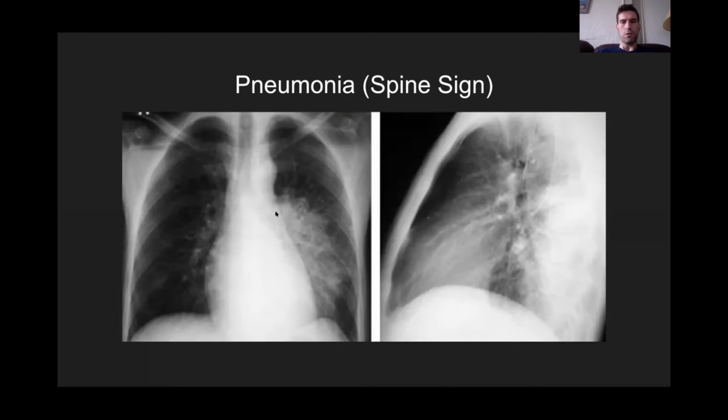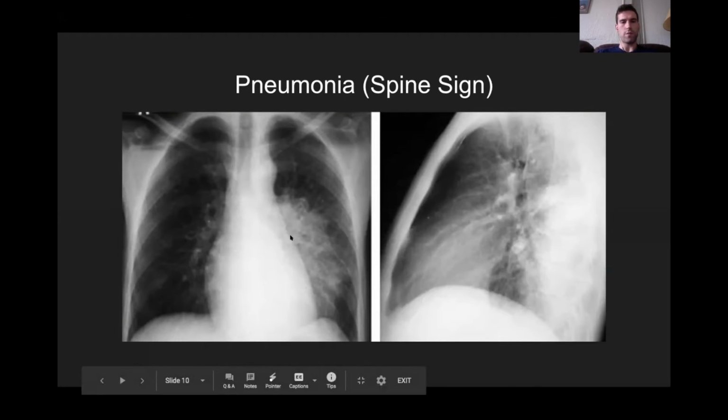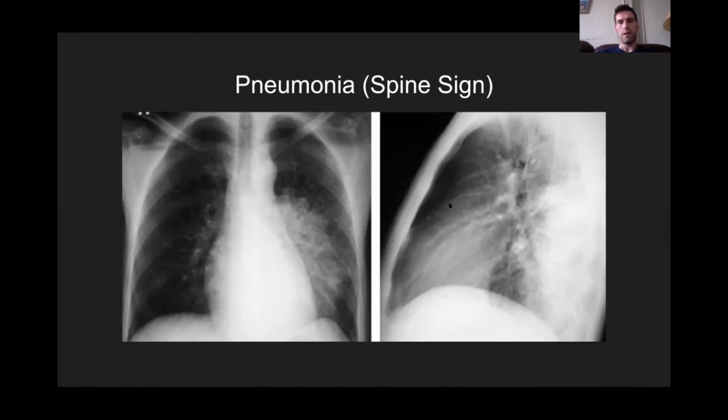I would argue that you have a very crisp left heart border here, so it's probably more of a posterior finding, not abutting the cardiac silhouette specifically. And if you look on the lateral view, it's pretty tough to see the spine here, which I wish I had put a clean lateral next to it for comparison, but this is a pretty good example of a spine sign, which means that there's probably an inferior lobe consolidation, which is essentially obliterating the projection of the spine.